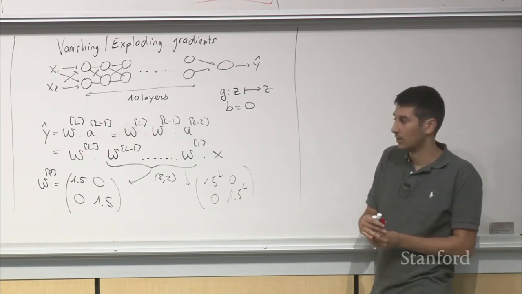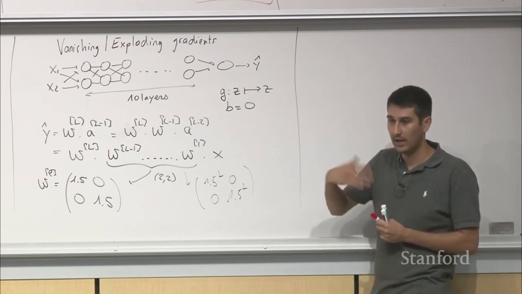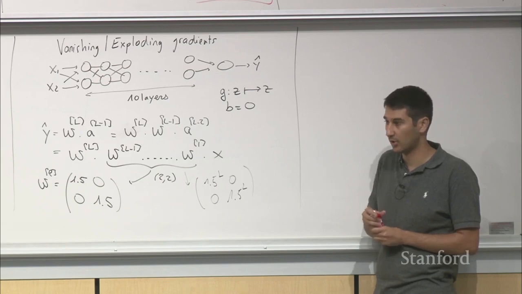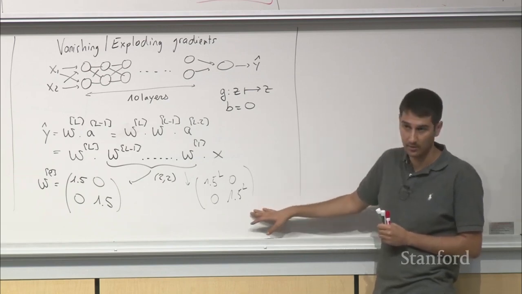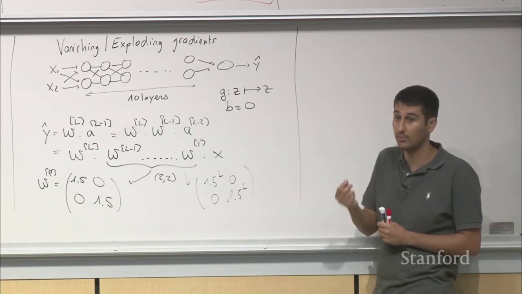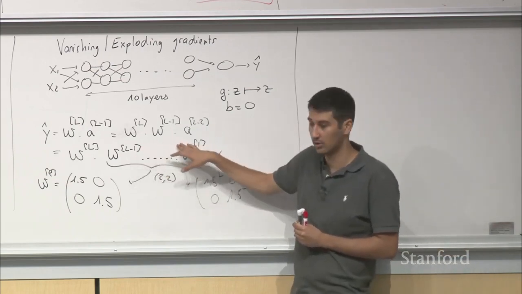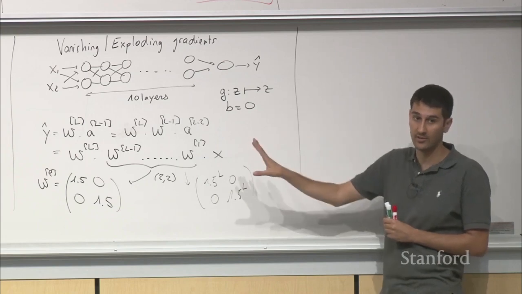So you see, the issue with vanishing and exploding gradients is that all the errors multiply each other. If you end up with numbers that are smaller than 1, you will get a totally vanished gradient when you go back. If you have values that are a little bigger than 1, you will get exploding gradients. So we did it as a forward propagation equation. We could have done exactly the same analysis with the derivatives.